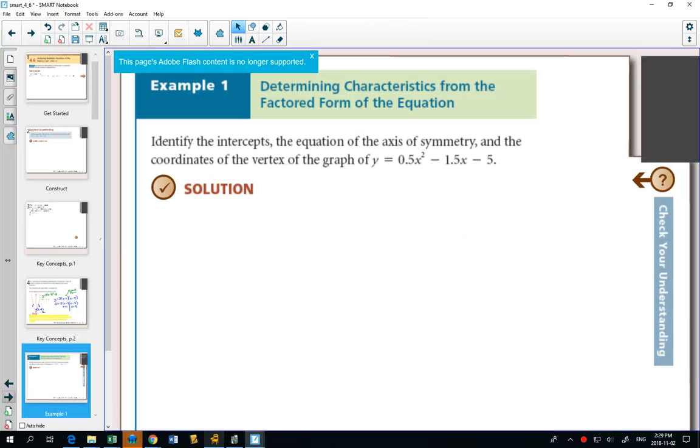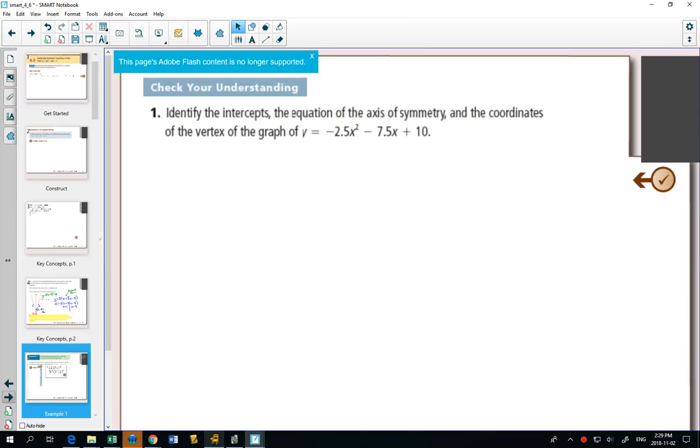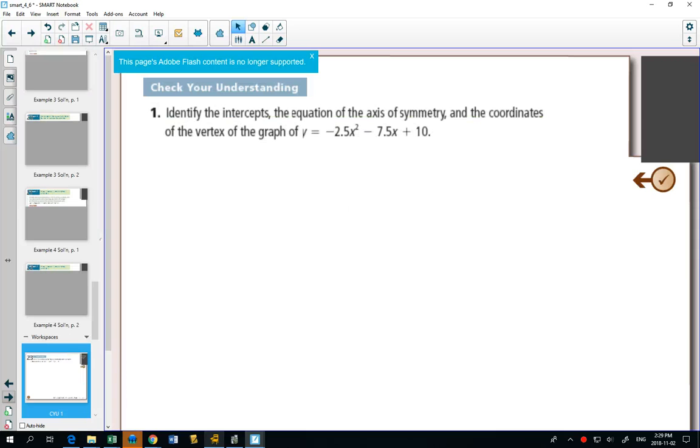Well, you have to make a decision whether or not you think factoring is easier or completing the square is easier. So if I look at example 1 here, it says identify the intercepts. So if I have to find the x-intercepts anyways, I have to factor to find that out.